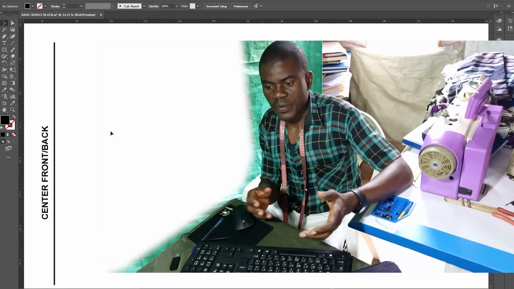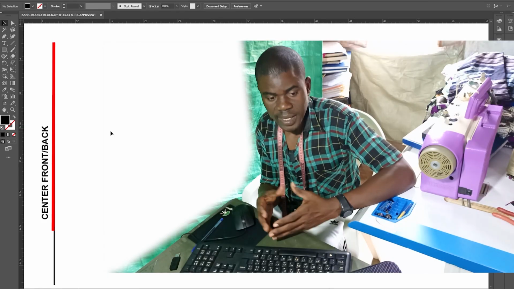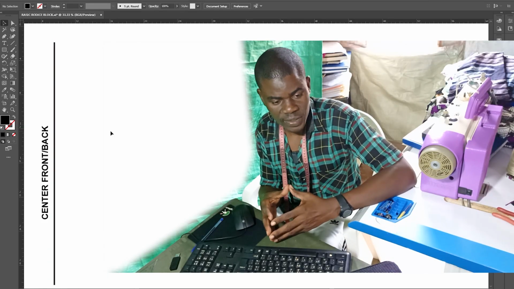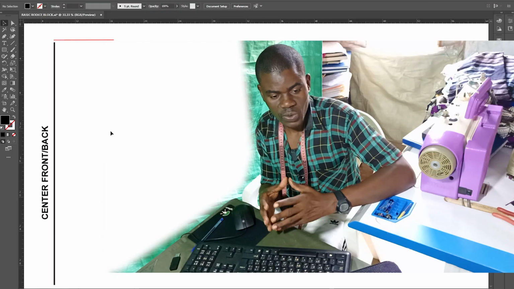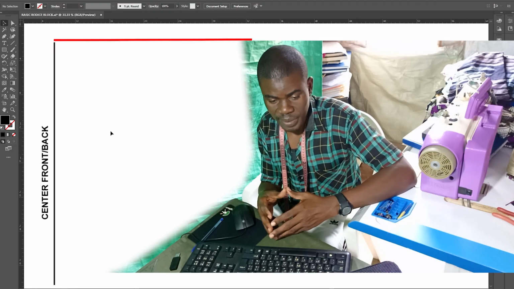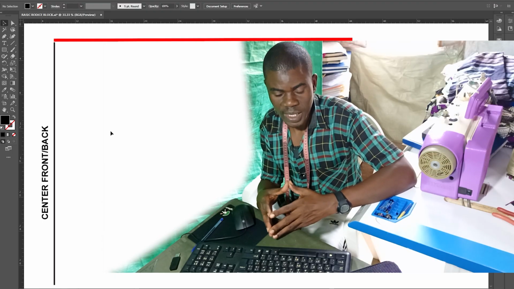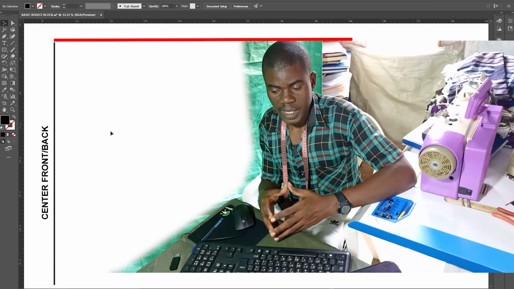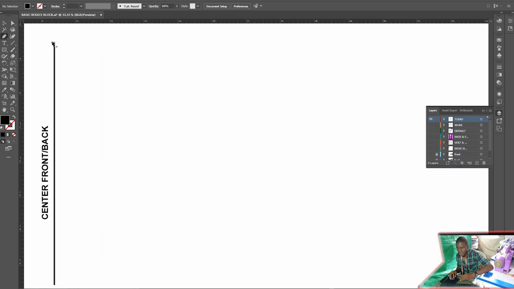Now, we have finished drafting the vertical line. Next, let us also draft one horizontal line on top of your pattern paper, and this will be the shoulder stroke neckline guide. We label this line shoulder stroke neckline guide.